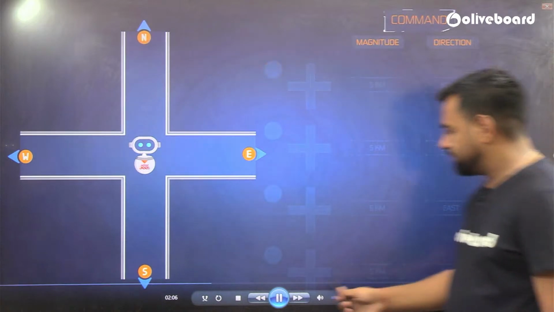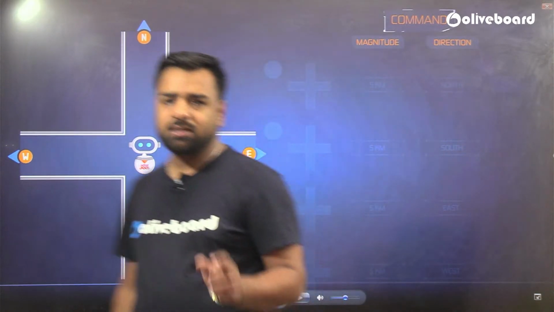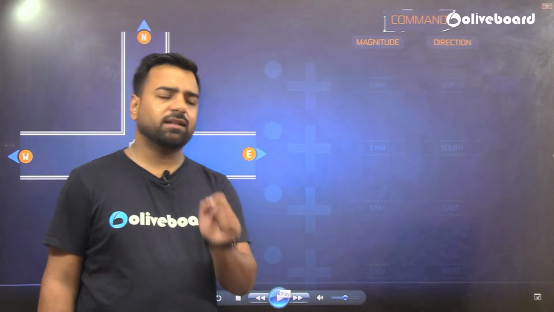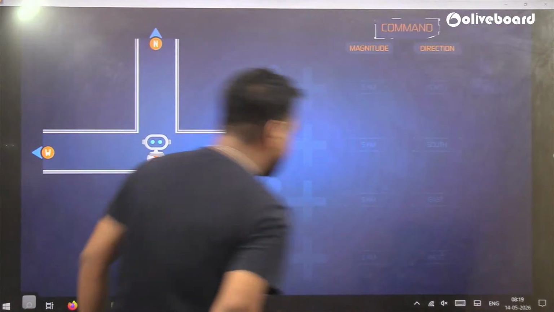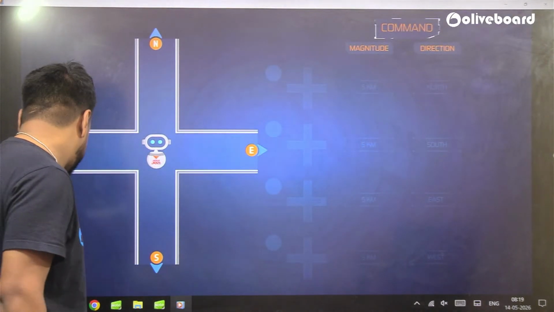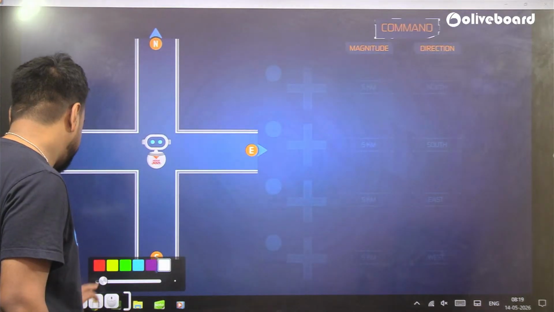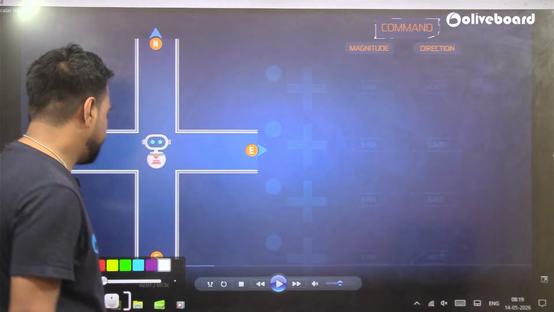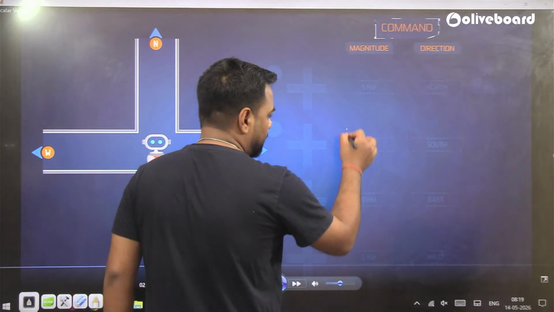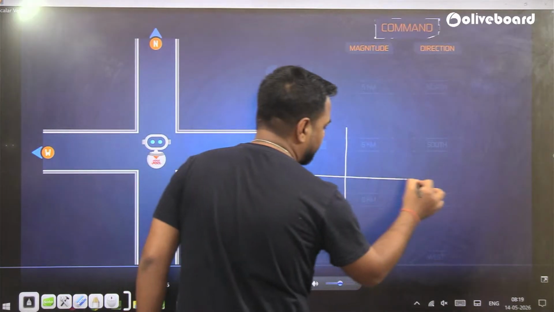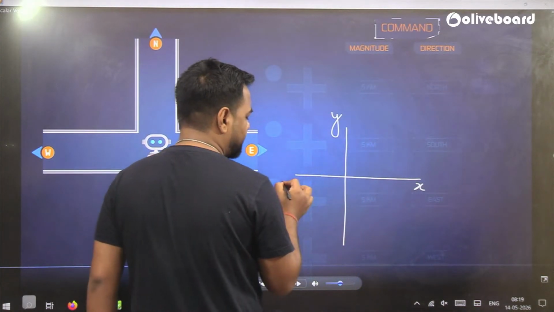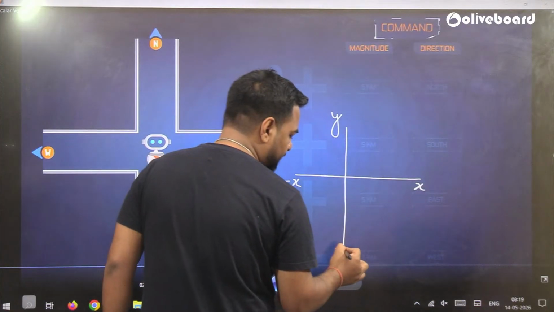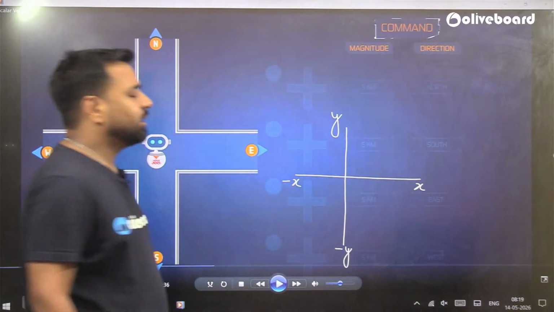Now one more thing, guys, that's not in our syllabus, but you need to understand it. During our 11th and 12th standard, we have studied this, right? If I draw a graph, this was the x-axis, this was the y-axis, this was minus x, and this was minus y.